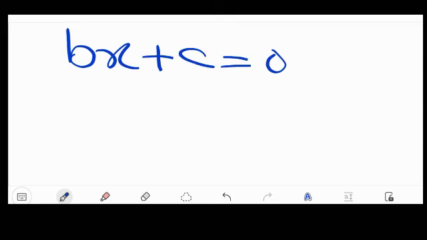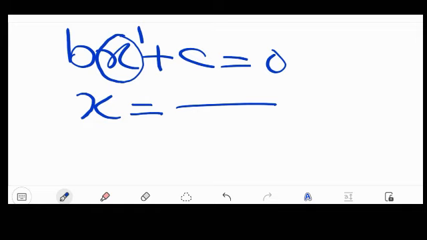Whenever we have to talk about the solution of a quadratic equation, as from the beginning we already know that whenever we have to solve a linear equation, I mean bx plus c is equal to 0, so this one variable, since its degree is 1, the equation will have only one solution.